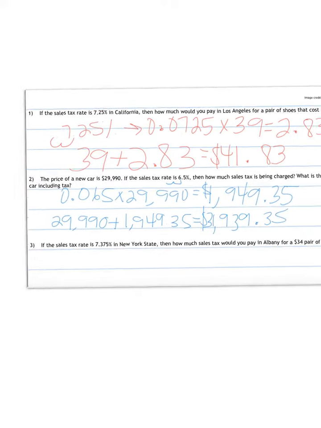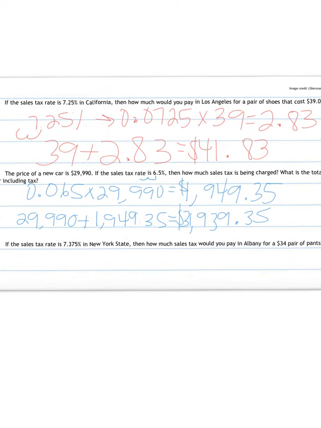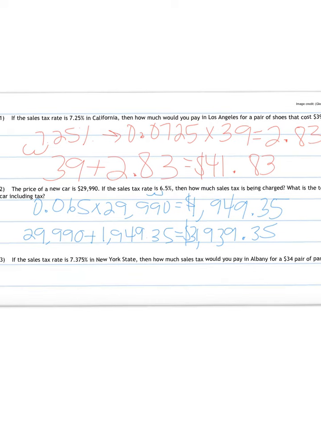Okay. One more. If the sales tax rate is 7.375% in New York State, then how much sales tax would you pay in Albany for a $34 pair of pants? And Albany is a city in New York, so we are using this percent.